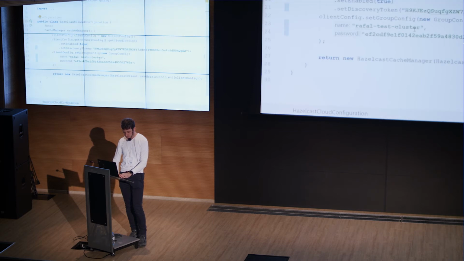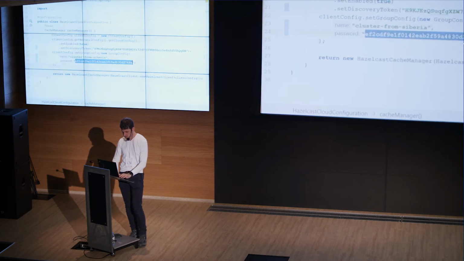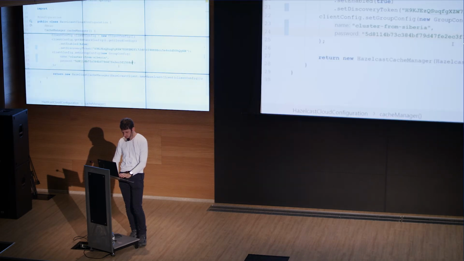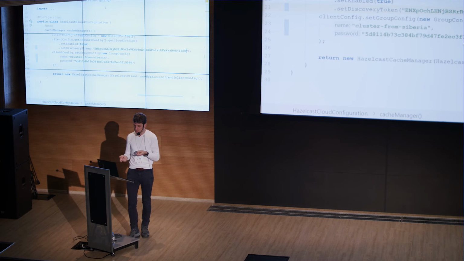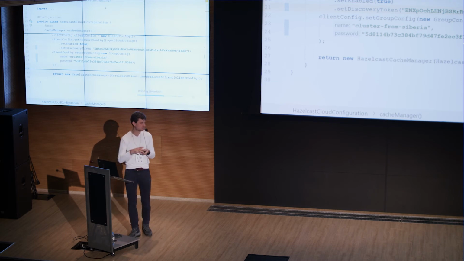So for this cloud configuration, we need the cluster name. We need the cluster password. And we need the discovery token. And if I run this application now, it should connect to our cluster in the cloud.